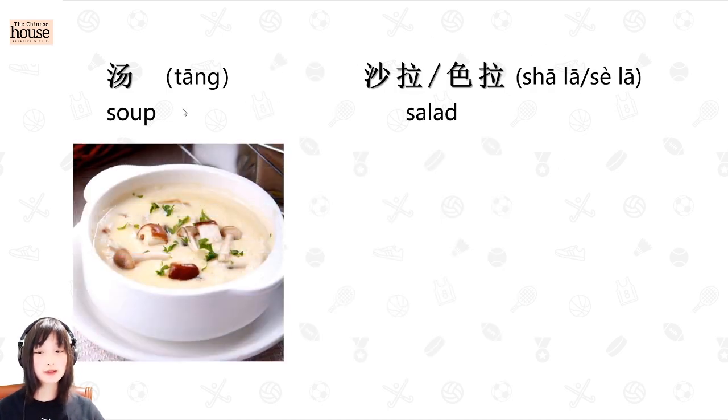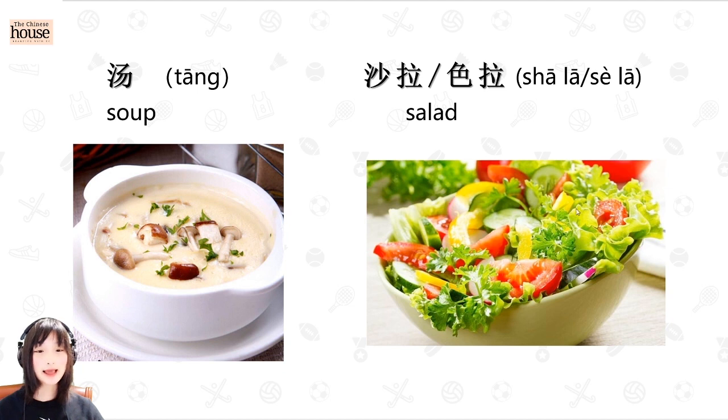And then soup, flat tone, 汤. Salad, we just translated from the sound, 沙拉. It's not 沙拉, it's 沙拉 or 色拉. Most of the people in Hong Kong, Taiwan, or Guangdong speak like this. When they speak Mandarin, they will call it 色拉.